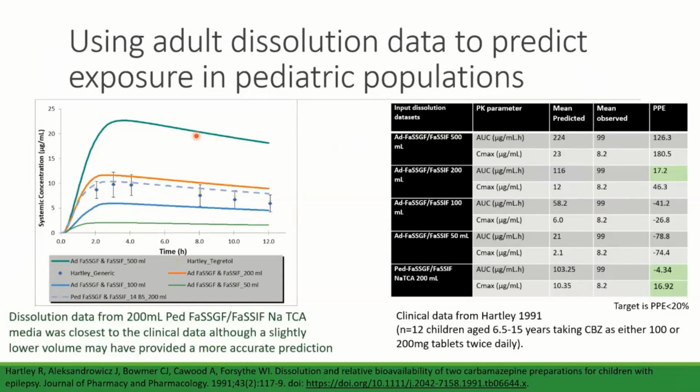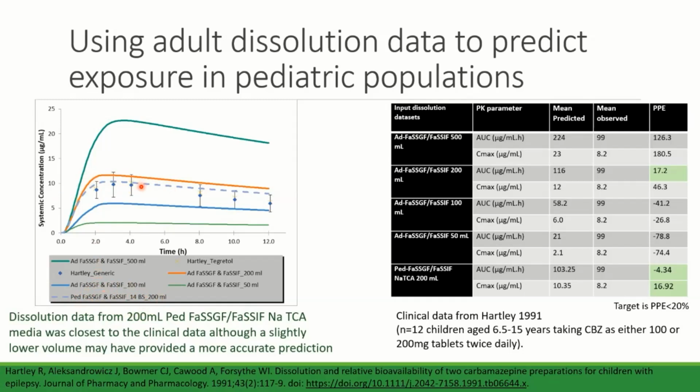So this chart here is showing when we simulate using the adult 500 millilitres and overlay to the paediatric data, we're miles away. When we're using 200 millilitres, this rusty orange line, we're reasonably close. At 100 millilitres, we're too low, and 50 were way too low. The dashed blue line for reference is that paediatric fluid at 200 millilitres.